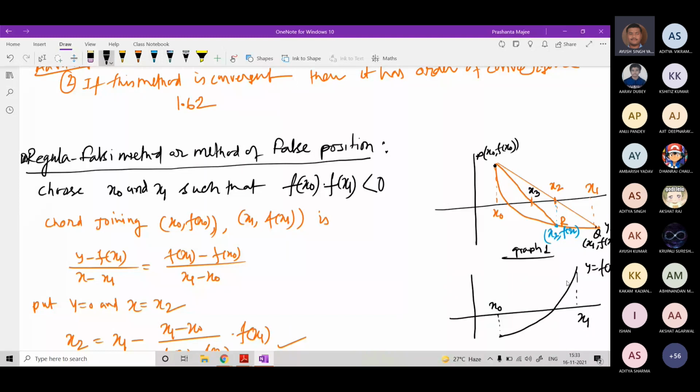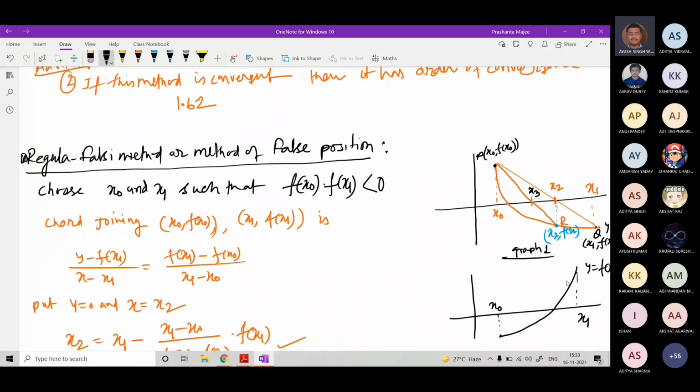Then to find x4, you check in which interval the root lies, between x0 and x3 or between x3 and x2. The root will lie in one of these two subintervals. Yes, sir. So in the current scenario, the root is lying between x0 and x3.